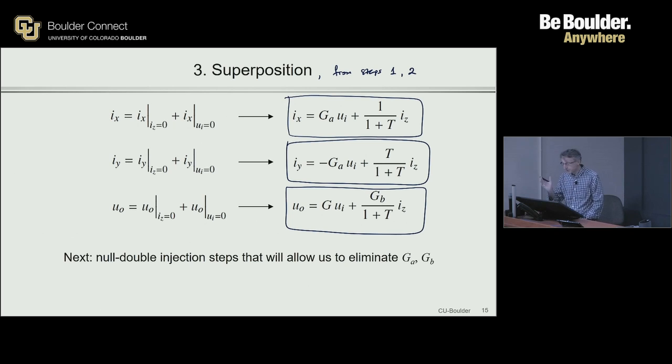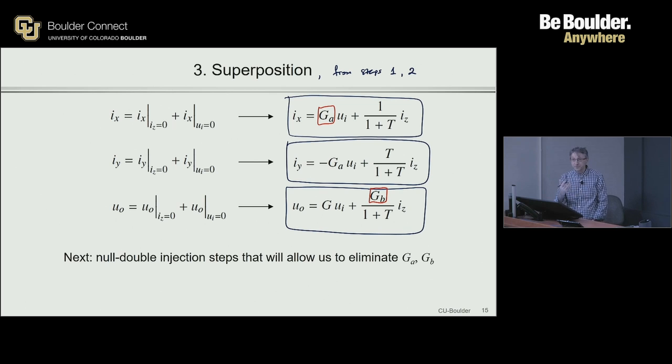Now, of course, this actually does look a little bit confusing because we are setting up definitions for these various transfer functions, but in the process, we had to introduce these two quantities, G sub A and G sub B. And those G sub A and G sub B represent transfer functions in the systems that are generally not of interest.